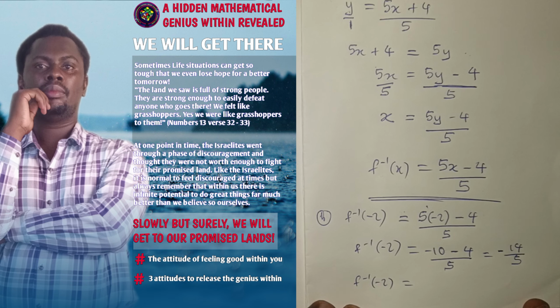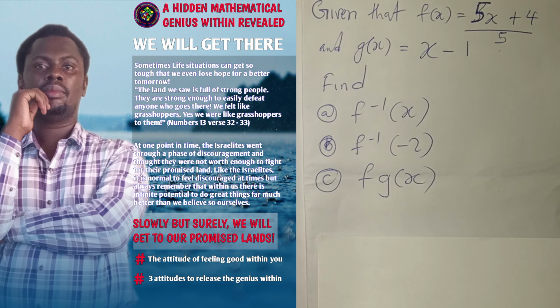You either leave it as a mixed fraction or a decimal. So 5 in negative 14, you get negative 2, with a remainder of 4, so you say point. From 4, you add the 0, so you get 40. 5 in 40, you get 8. So f inverse of negative 2 is negative 2.8.